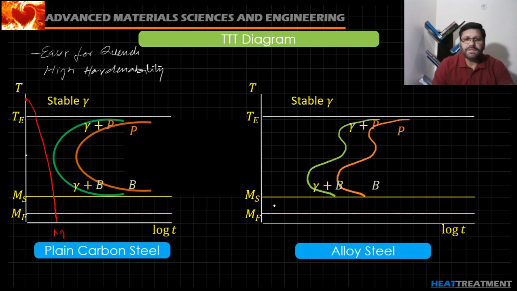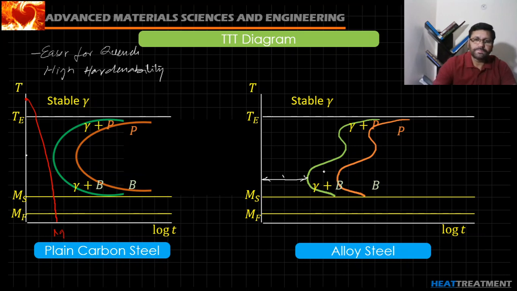And if we see the TTT diagram for alloy steels, we see that the time lag is more for the case of producing martensite. Here we have more time lag, so it provides a larger window of opportunity for the material to transform to martensite. So it has more hardenability.